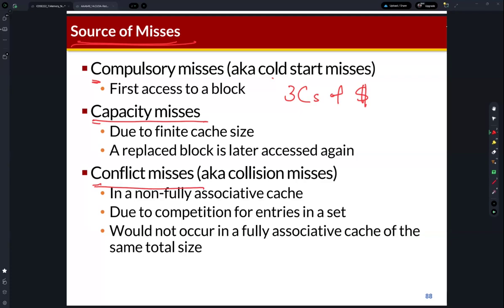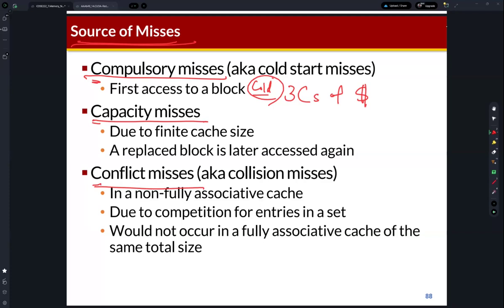So actually, these three Cs of cache explain why cache misses are caused in the target cache. Compulsory misses or cold misses represent the cache misses when the data is first requested. Do you understand?